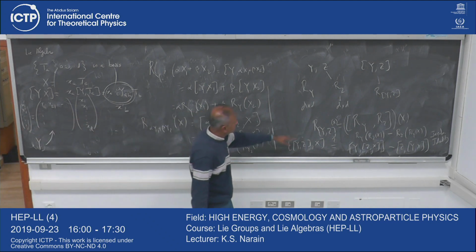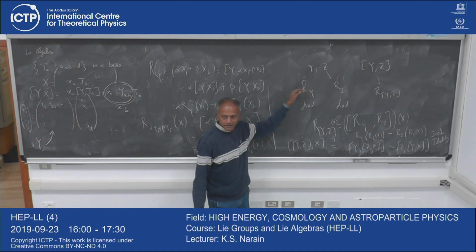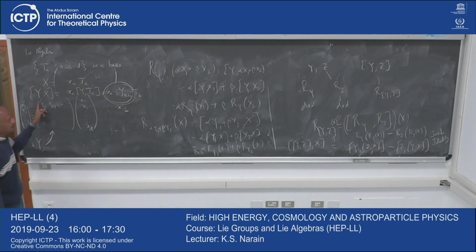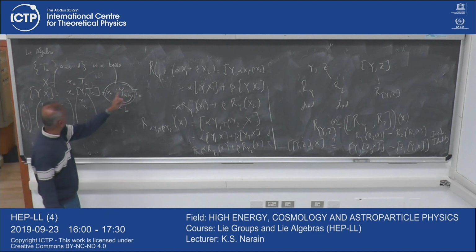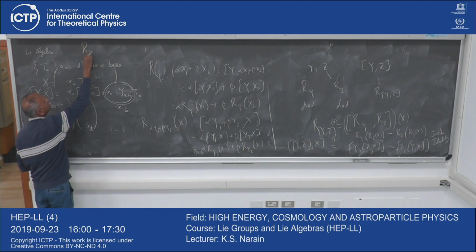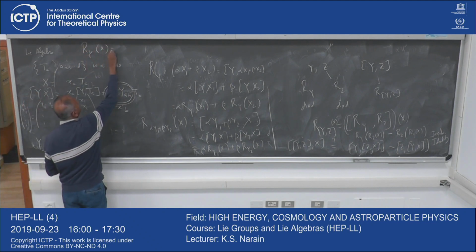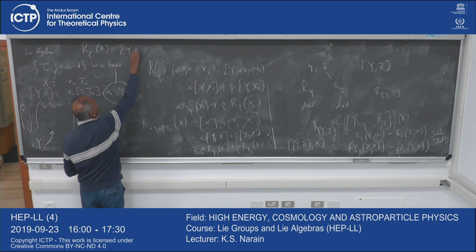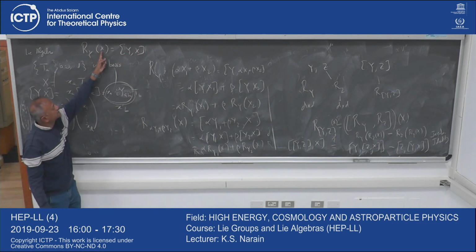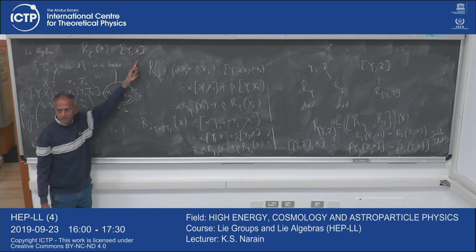the fact that this gives you a representation, I mean this definition, there was a definition: ad_y of x, we said it's nothing else but the commutator by x. So this gives a map from the Lie algebra itself, right?